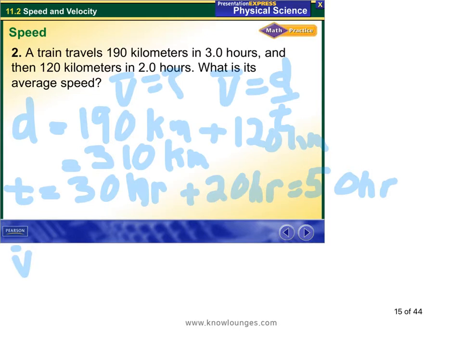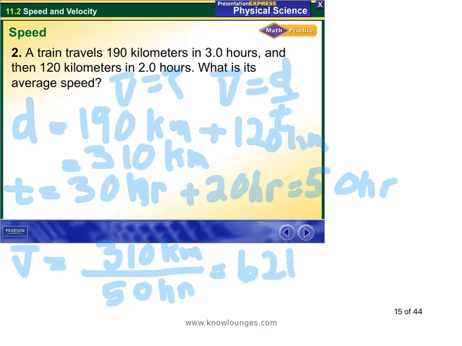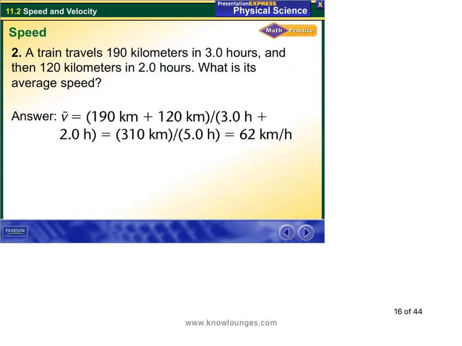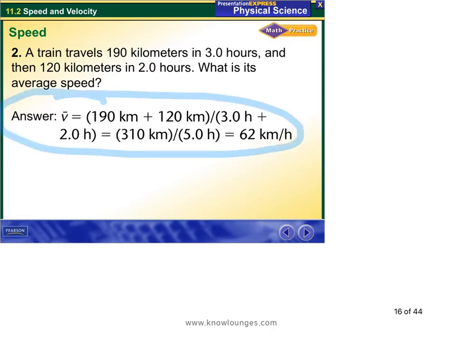So the average speed is the 310 kilometers divided by the 5.0 hours, resulting in 62 kilometers per hour for our average speed as this train travels. Again, a little different way of writing it out, same work.